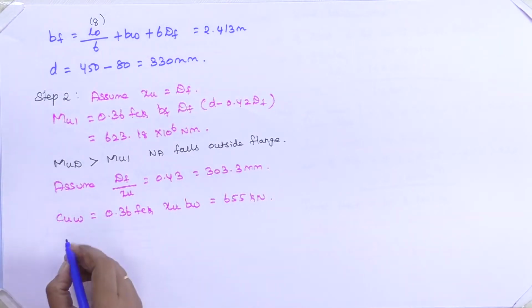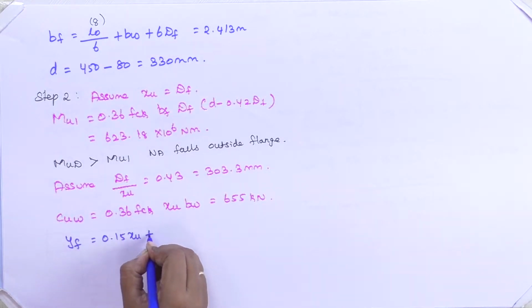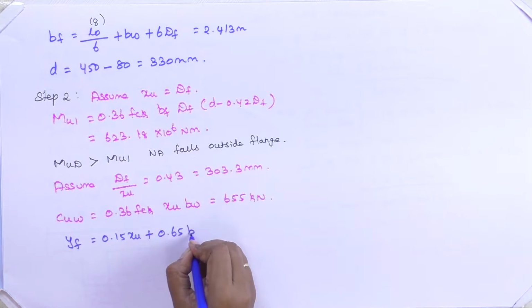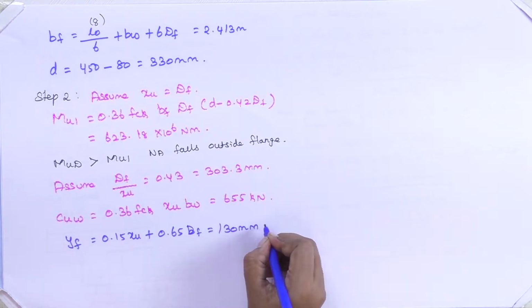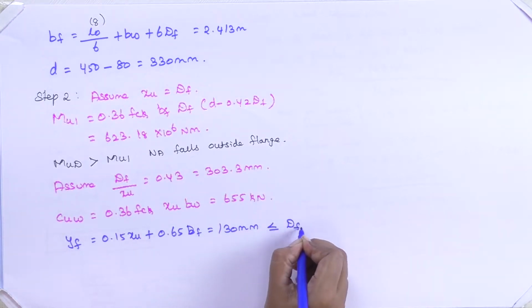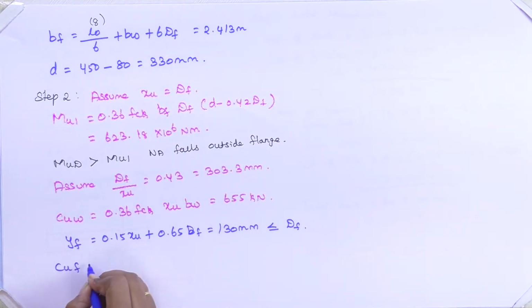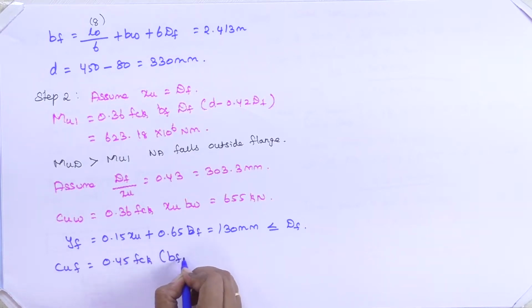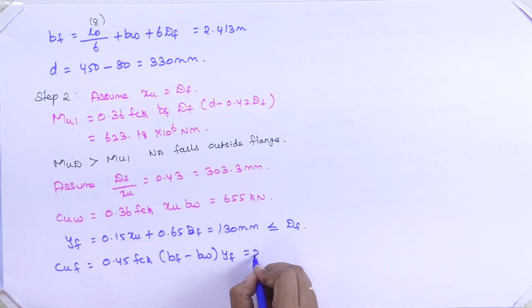Then YF I can calculate from this as 0.15 XU plus 0.65 DF is equal to 130 mm, which is less than or equal to my depth of the flange. Now I can calculate the CUF value as 0.45 FCK into BF minus BW into YF. I'll get around 245 kilonewton.